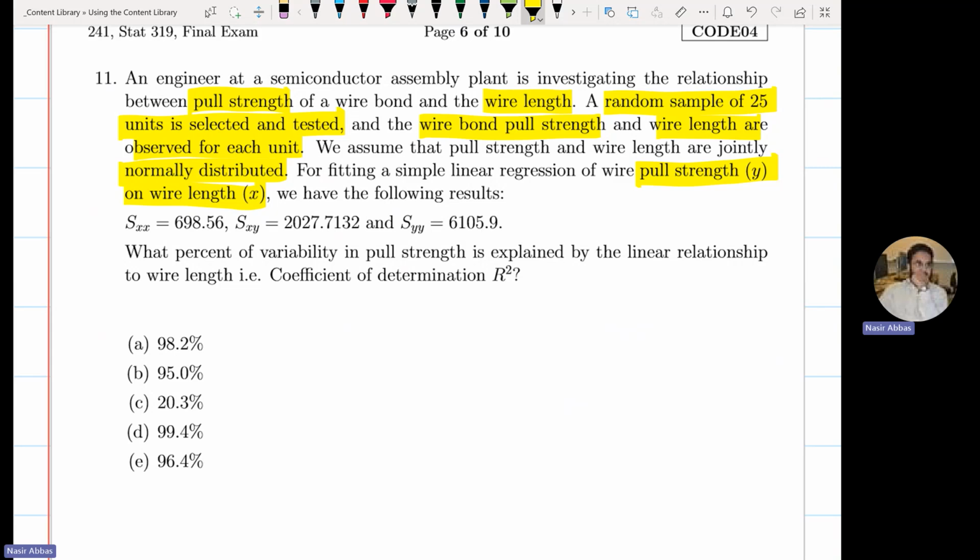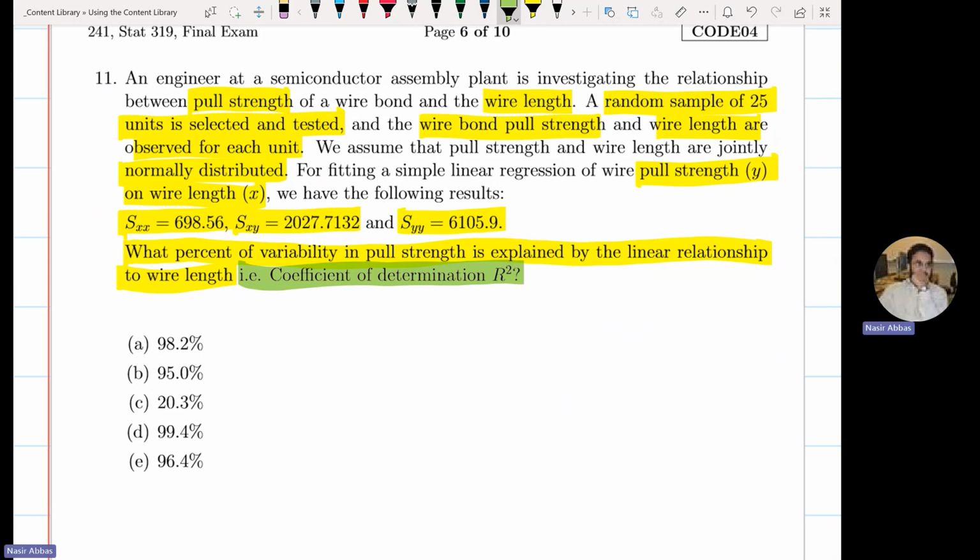Now, for your convenience, they gave us Sxx, Sxy, and Syy. And what are they asking us to find? Sometimes the question might stop here and they do not give you this part.